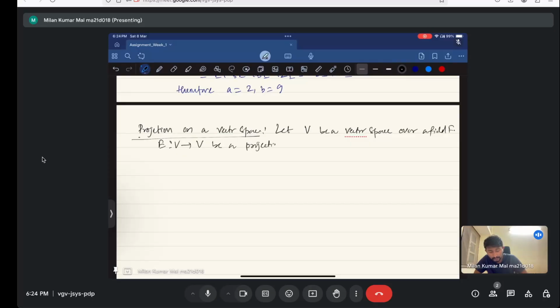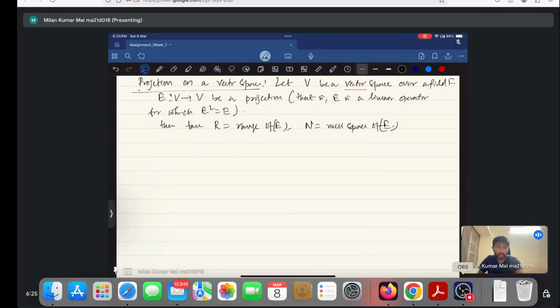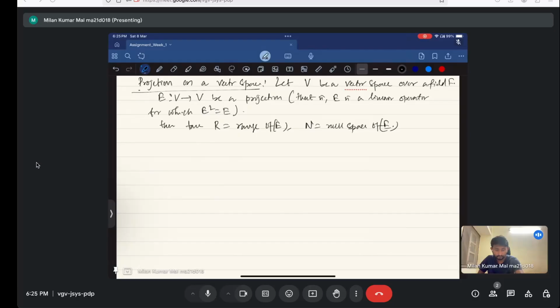That is, E is a linear operator which satisfies the relation E square equals E. Then take R equal to the range of E, and N equal to the null space of E. Then R is called the range of the projection E, and N is the null space of the projection E.